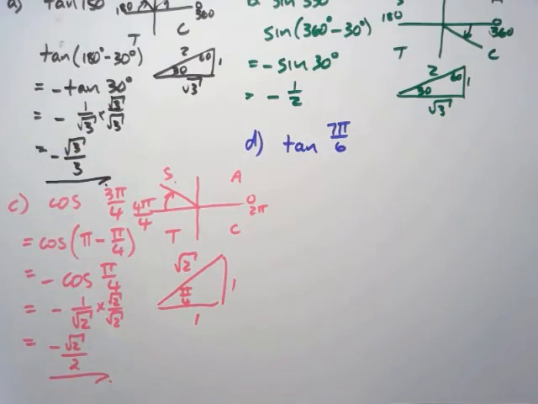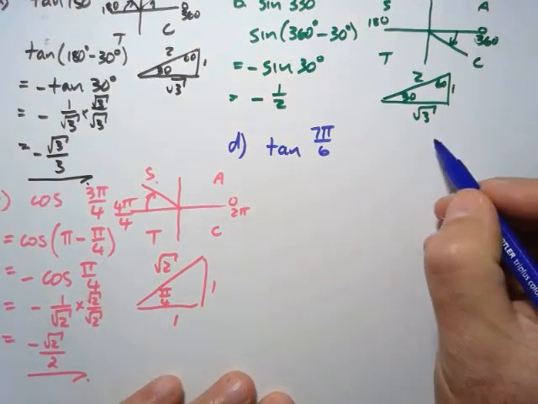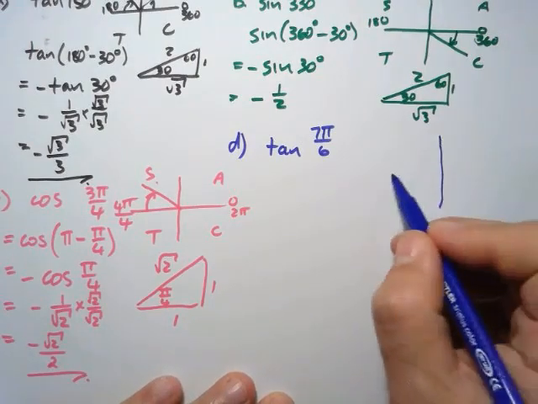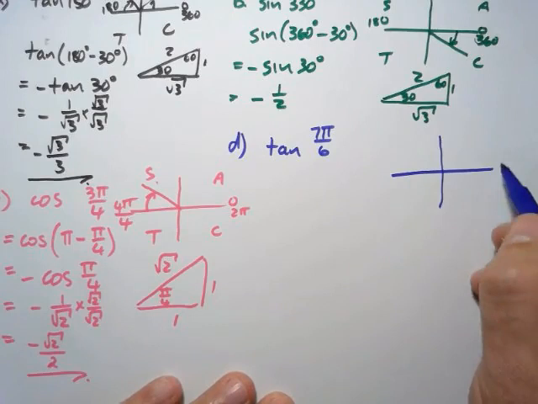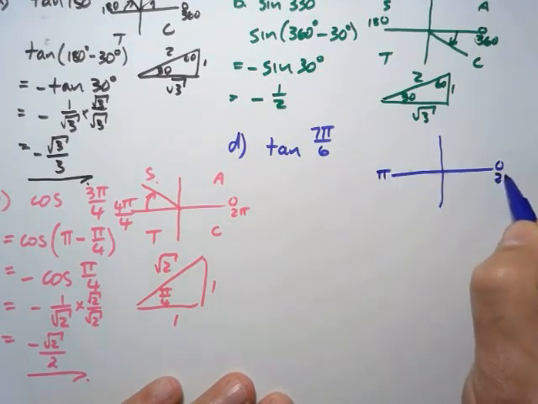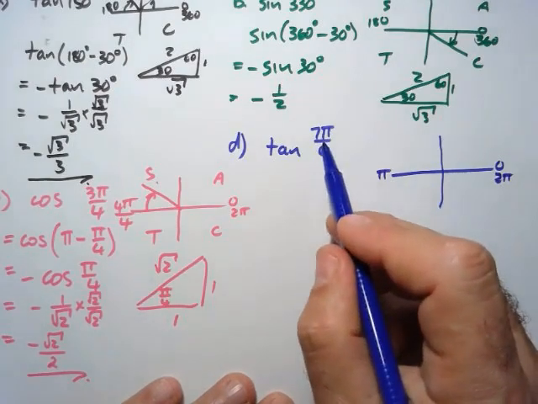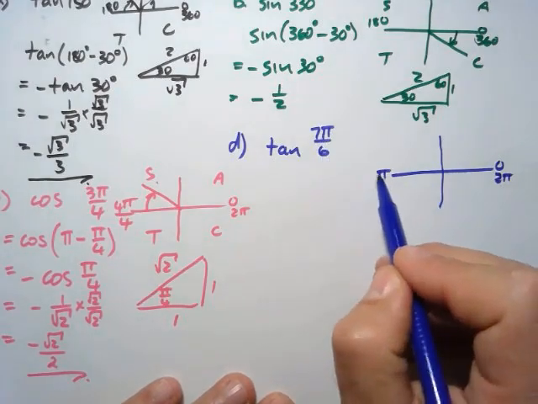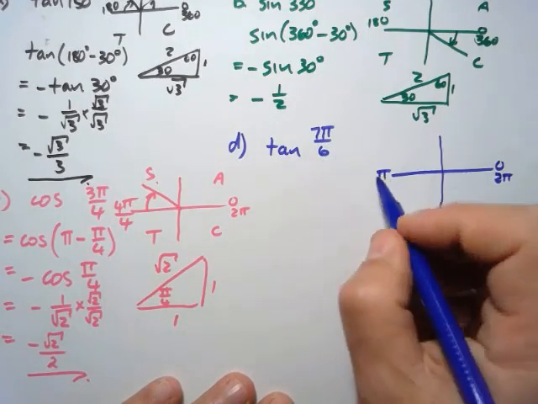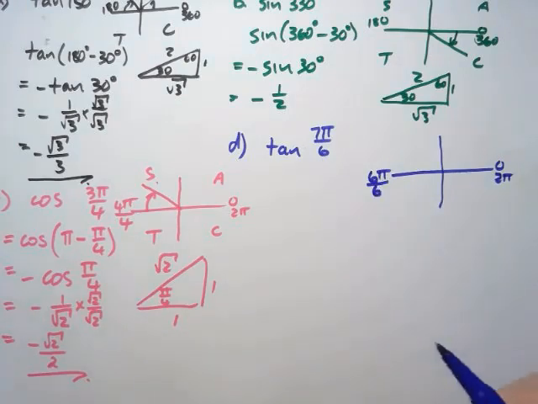It's the same steps over and over and over again. Tan of 7 pi over 6. First thing is cast. Okay, 0, pi, 2 pi. Where's 7 pi over 6? They give me a fraction, so I'm going to write pi with denominator 6, which means 6 pi over 6 is 1 pi.